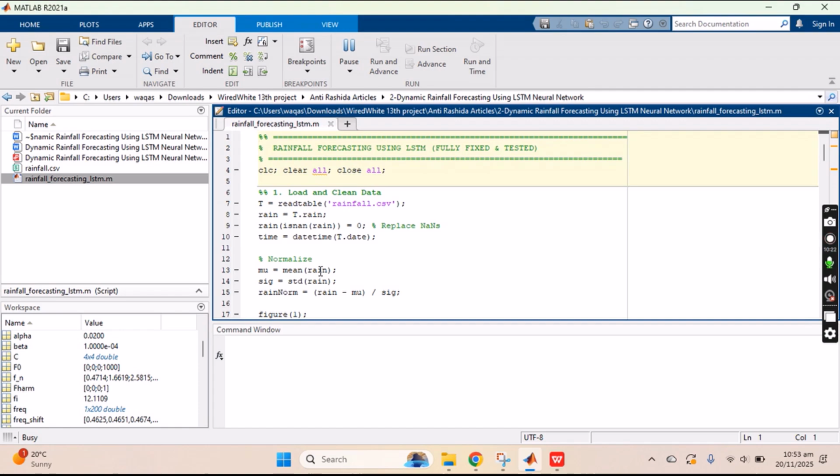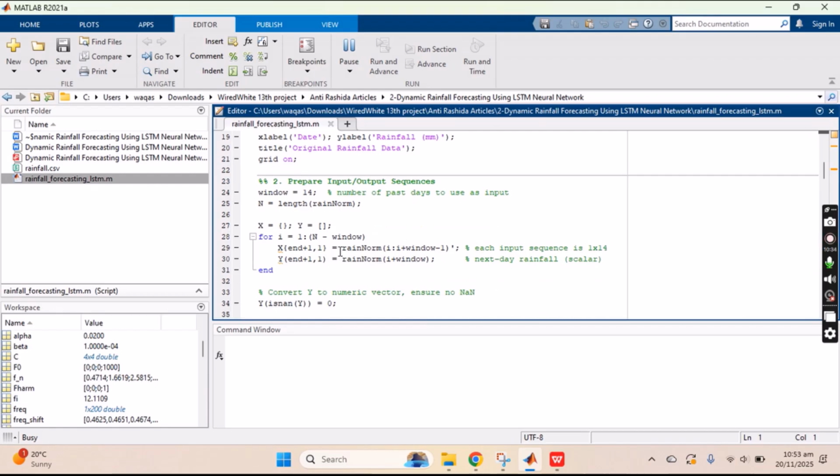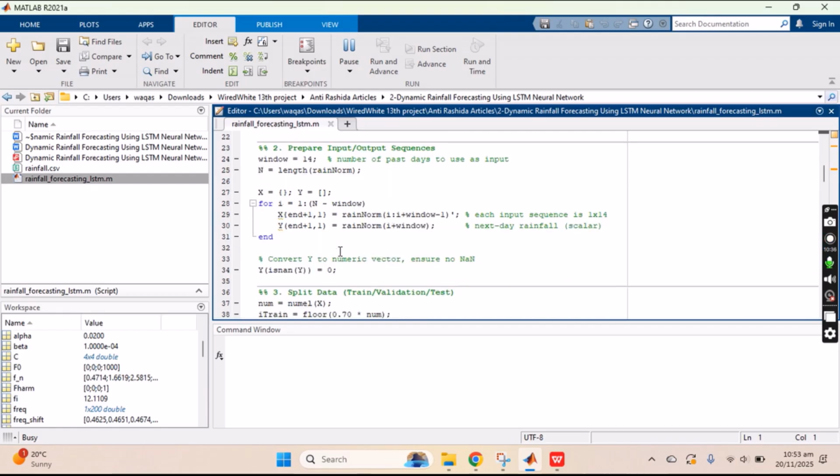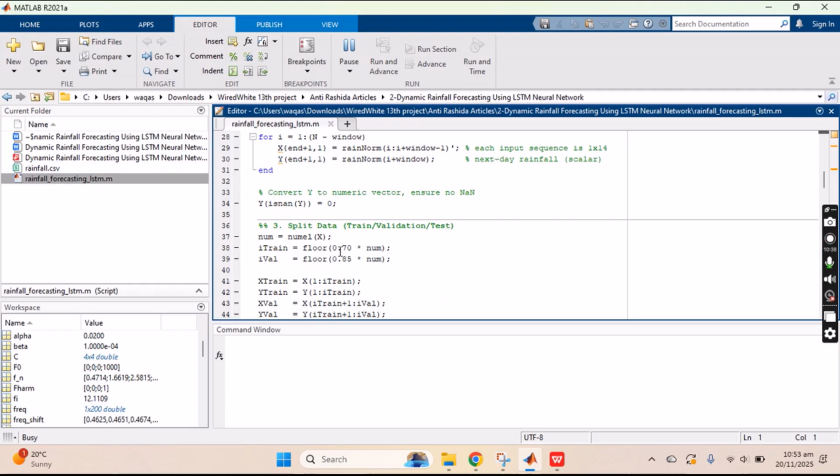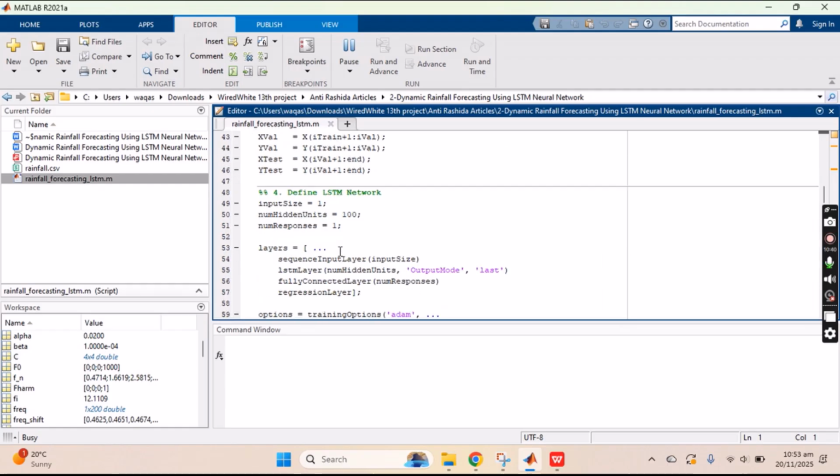You just need to run the rainfall forecasting using the long short-term memory based neural network, in which we first load and clean the dataset, then prepare input and output sequences, then split the data into training and validation sets.